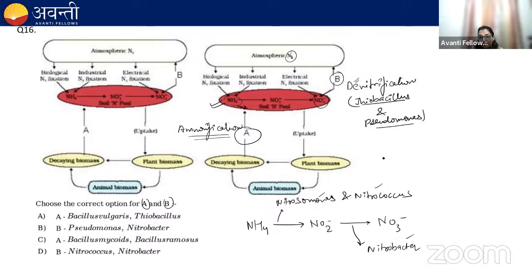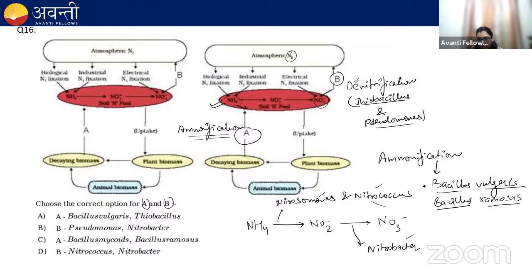The bacteria involved in ammonification are Bacillus vulgaris and Bacillus ramosus. Remember the name of the bacteria involved in each step. It's important. Okay, now look at the options.